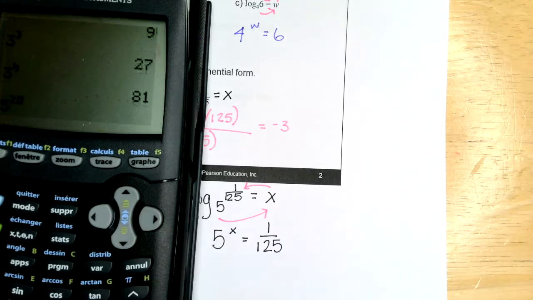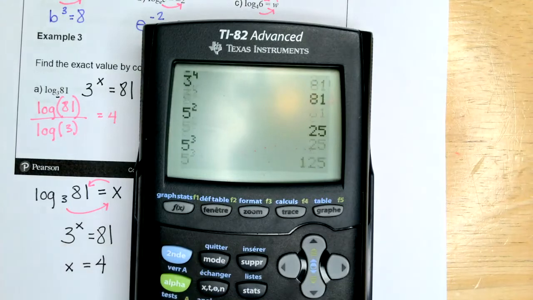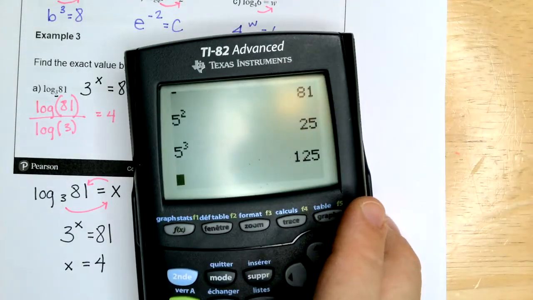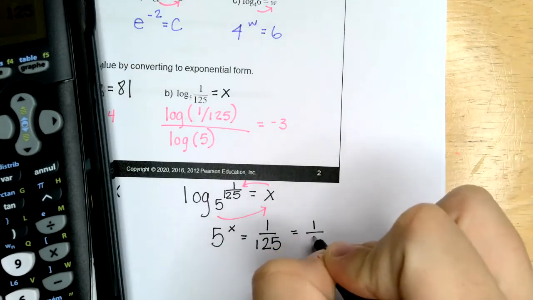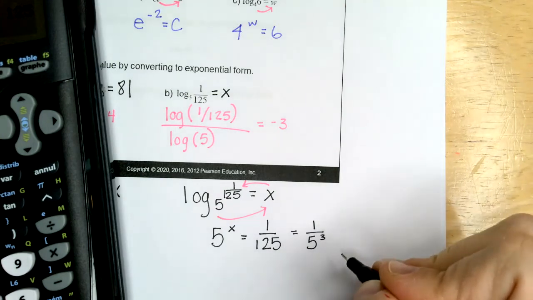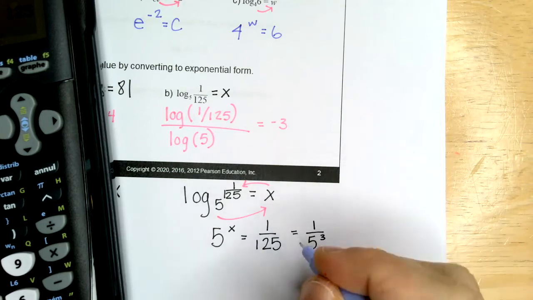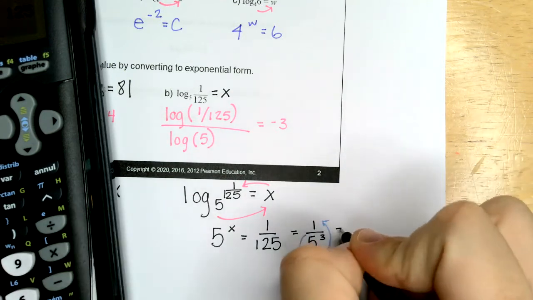Now 125. 5 to the second is 25. Sorry, 5 to the third is 125. But it's down here. I think that means it's 1/5 to the third, right? And if I want that to not be a part of a fraction, I move it to the other side of the fraction bar and change from a negative to a positive, or a positive to a negative.